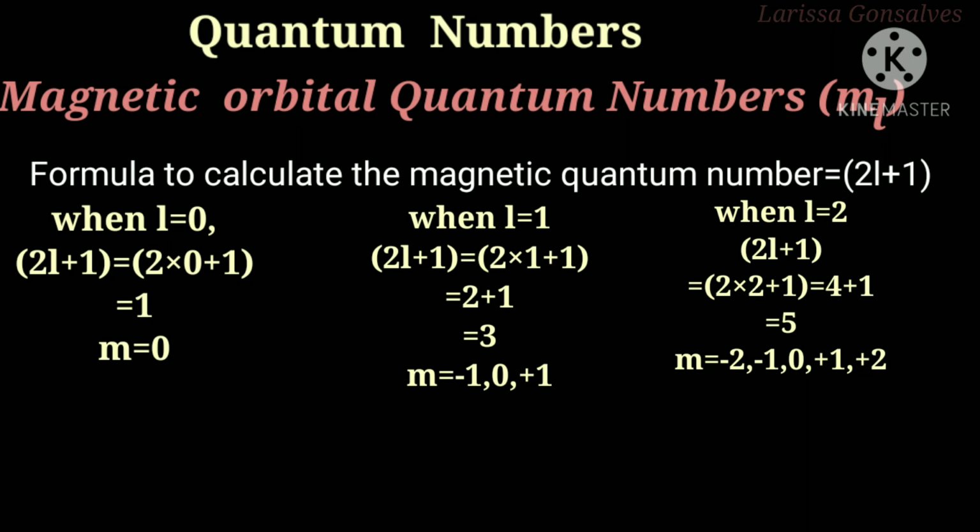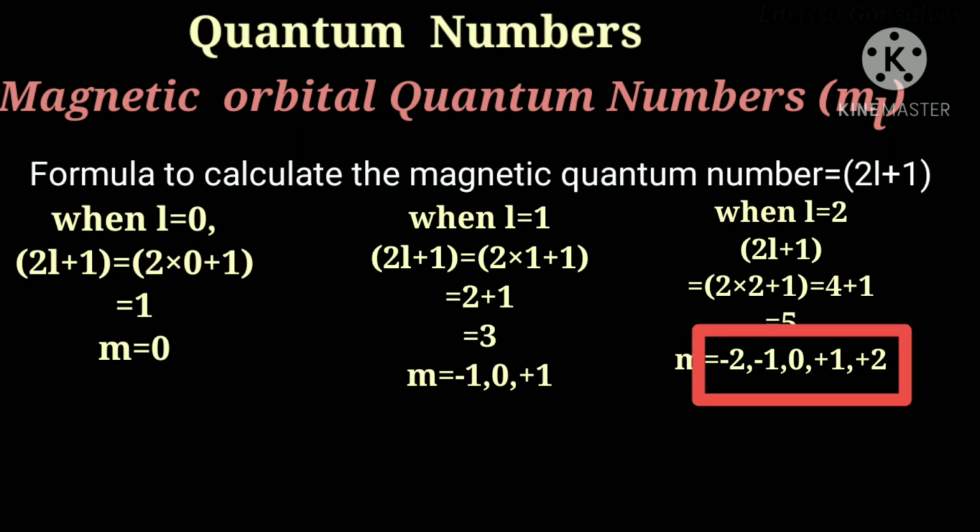So substituting the value of l, we get 2 into 2 plus 1. So it will be equal to 5. Hence the magnetic orbital quantum number will be equal to -2, -1, 0, +1 and +2. So in total 5 magnetic orbital quantum numbers.